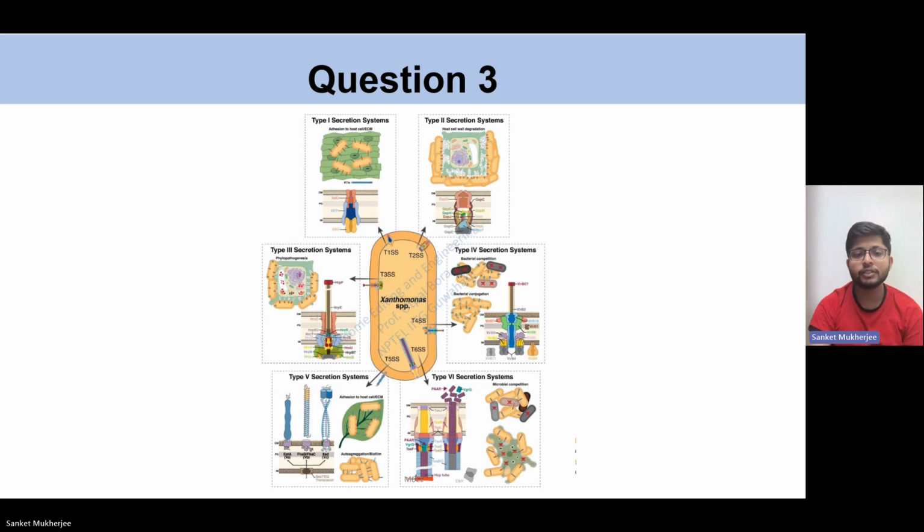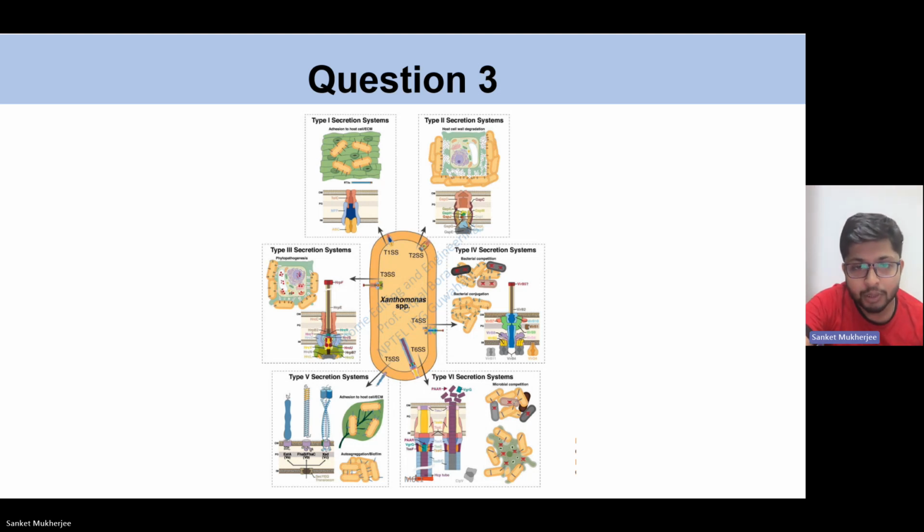Regarding the different secretion systems, type 1 is used for adhesion to the host extracellular matrix. Type 2 is for host cell wall degradation. Then we talked about type 3, which is important for phytopathogenesis. We also discussed the Hrp pilus, how it is important for transferring the proteins from the bacterial cell to the cytoplasm of the plant.